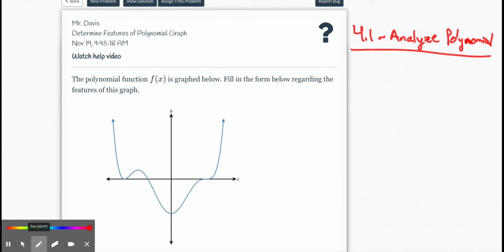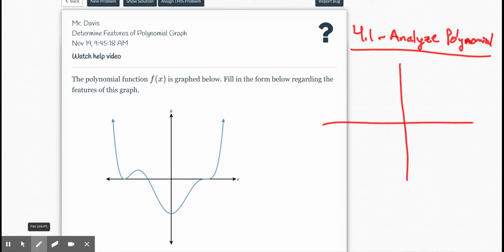So if you remember back when we did end behavior, we had these four options. If a function sort of looked like this, we would say that was an even power, and this was a positive leading coefficient. Even degree, positive leading coefficient.